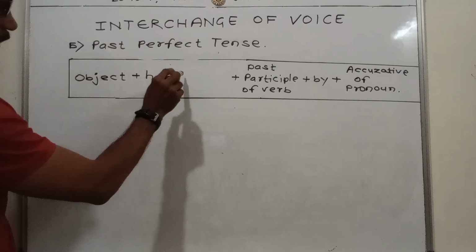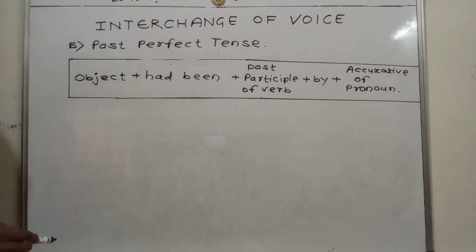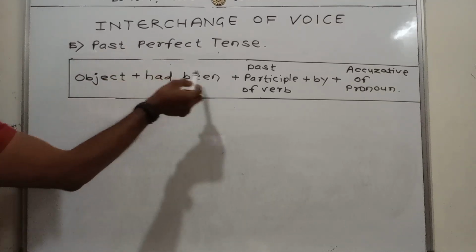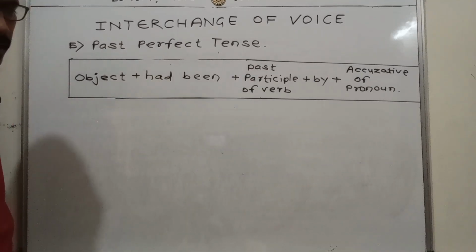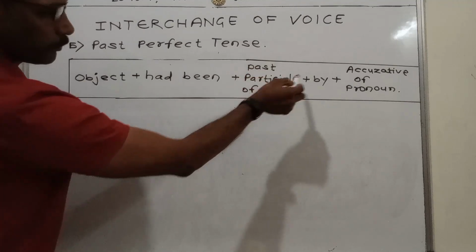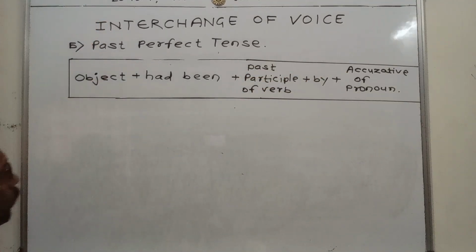What is had been? Did you get it? Past perfect. Object plus had been, and remaining everything will remain same. Then past participle, by and accusative of pronoun.